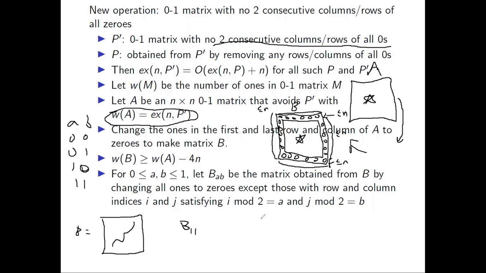So it's like 1, 2 up to n. So column numbers 1, 2 up to n, and same on this one, 1, 2 up to n.